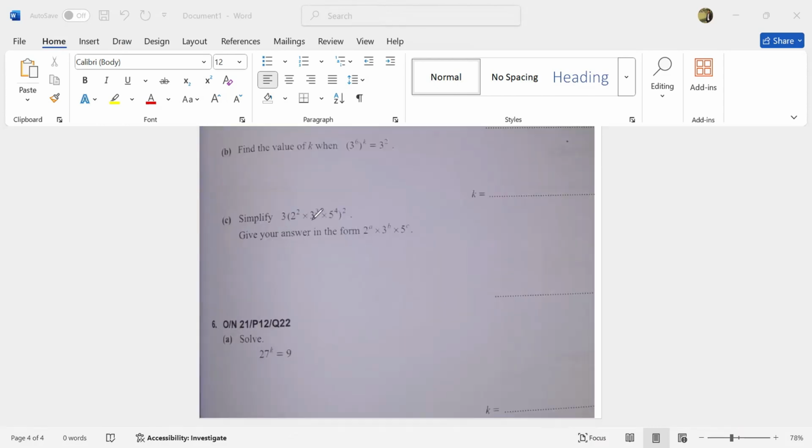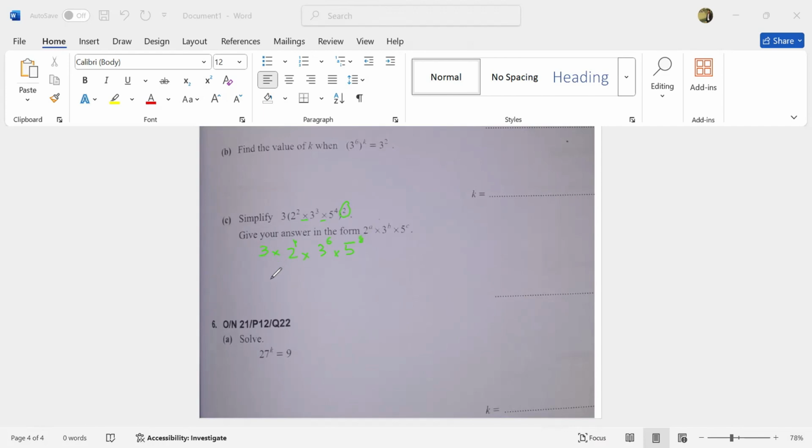Okay, simplify. If you check out, there is the multiplication sign in the middle. So it's not like this that 3 is going to go and multiply with each of them. First, we will simply open up our bracket by using up the powers. So 2 square, there was a square outside, so it becomes 2 power 4. Then 3 2s is 6. Then 5, 4 2s is 8.